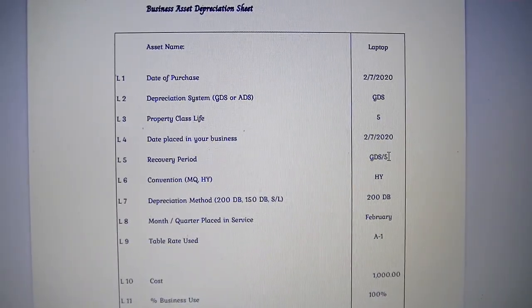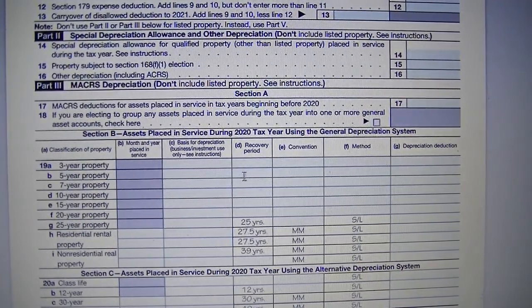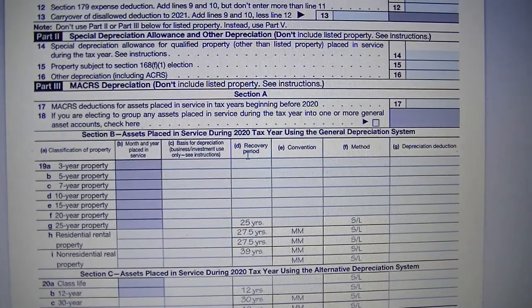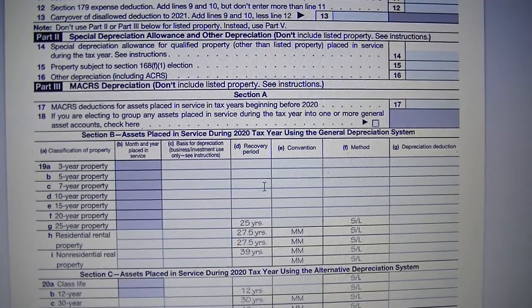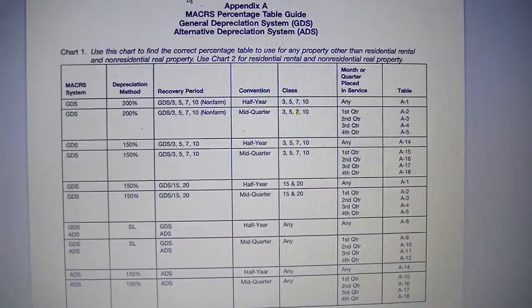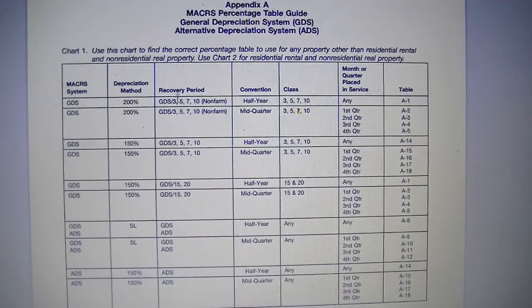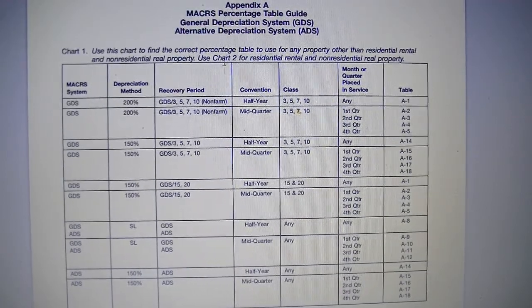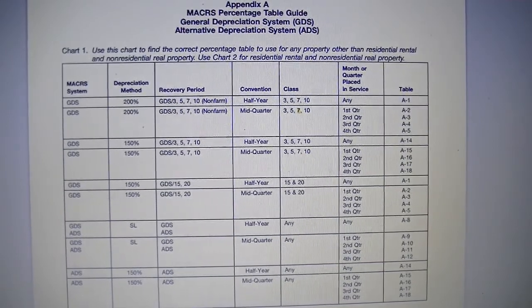And we will look for the recovery period. A laptop is 5 year property, so the recovery period for that column D is GDS/5, and you will find it in the recovery period GDS5.